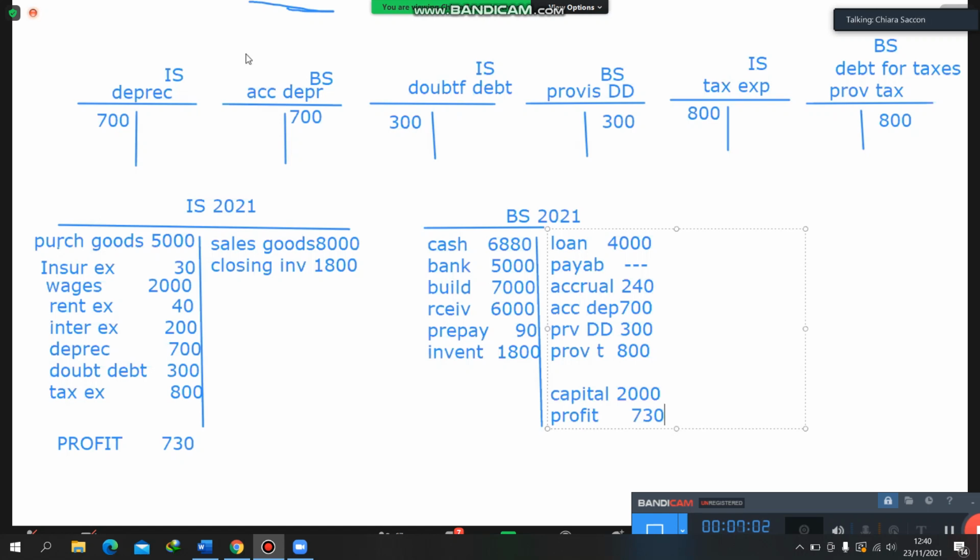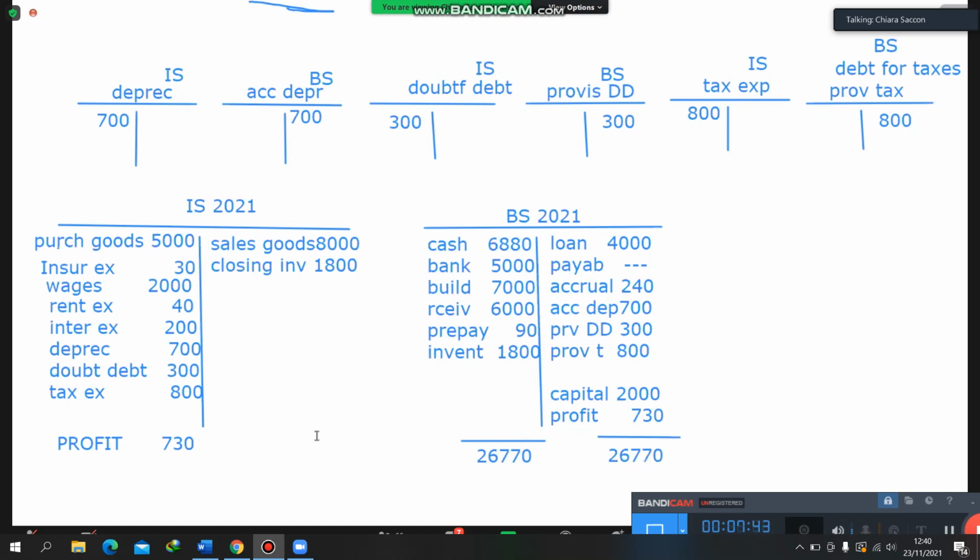So the total amount at the end, same amount on both sides, is 26,770. 26,770, and the same on the other side. Okay, no, it's appeared, sorry. Okay, here it is.